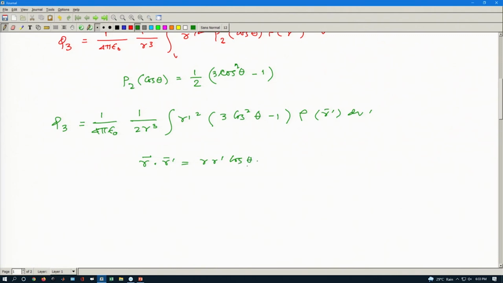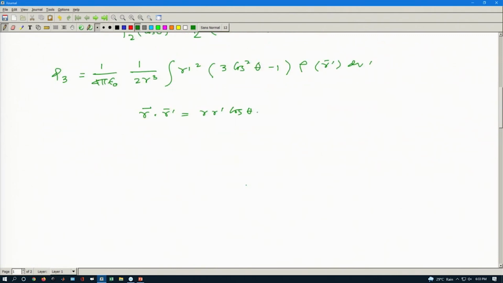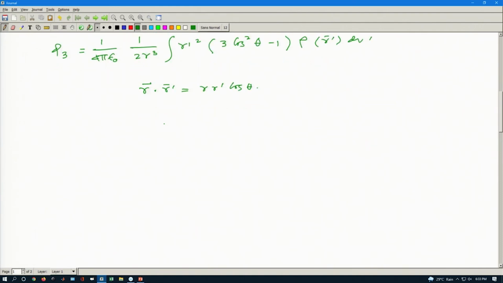So cos theta I can remove in this way; it is nothing but the square of r dot r prime. So I rearrange phi 3 like this: 1 divided by 4 pi epsilon 0, the constant term, 1 divided by r to the power 5.